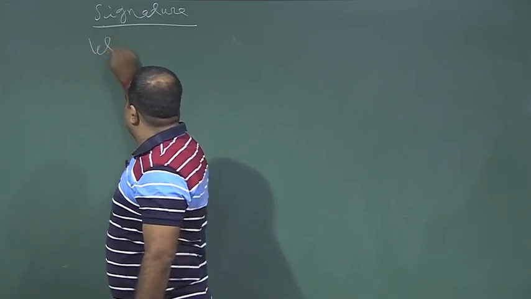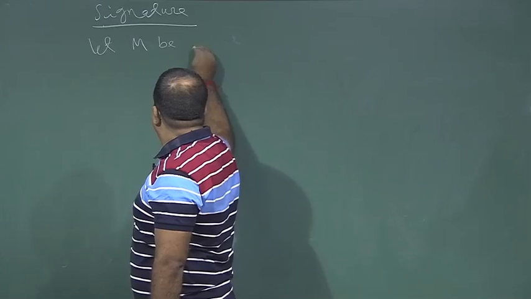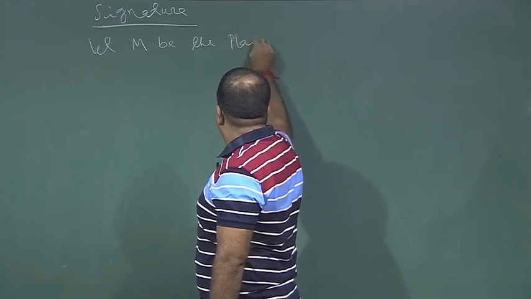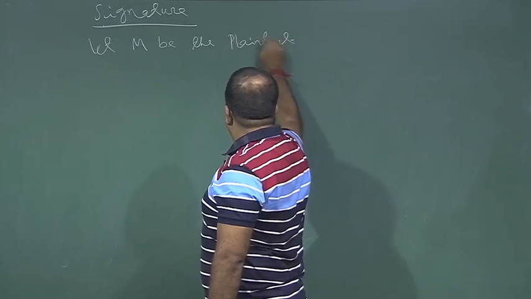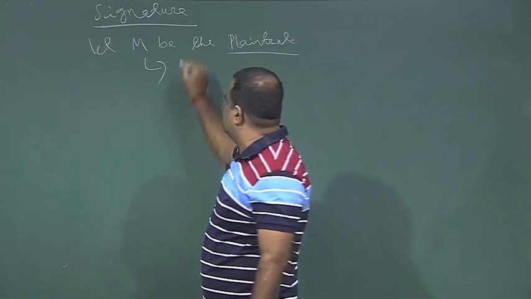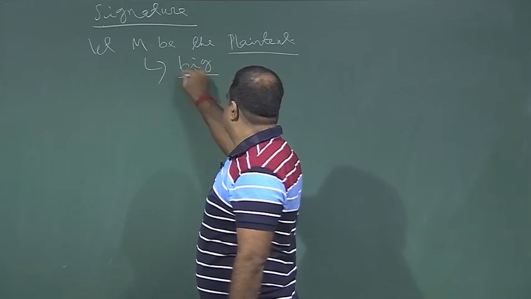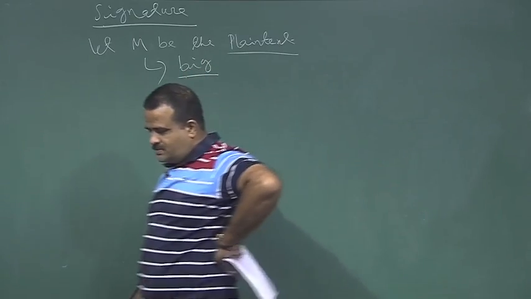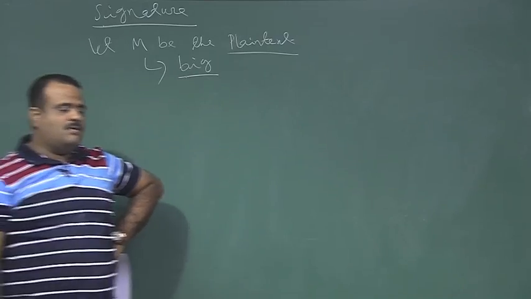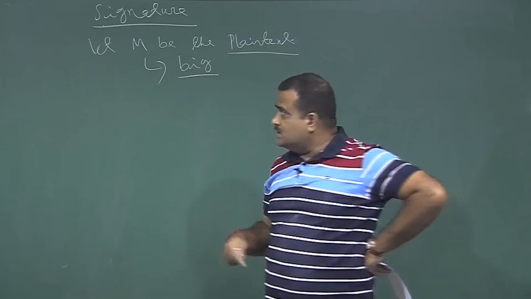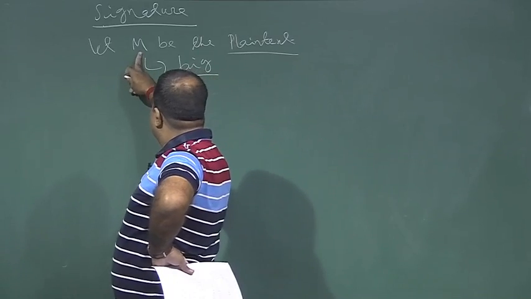Let M be the message or plain text, and M is of arbitrary bit length. It is a big message. Now we will make use of a hash function; especially for this standard we have to use the secure hash algorithm, SHA.